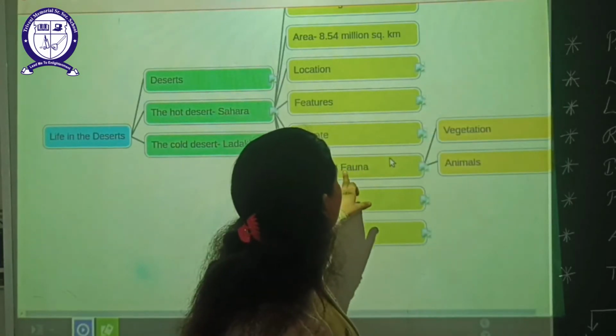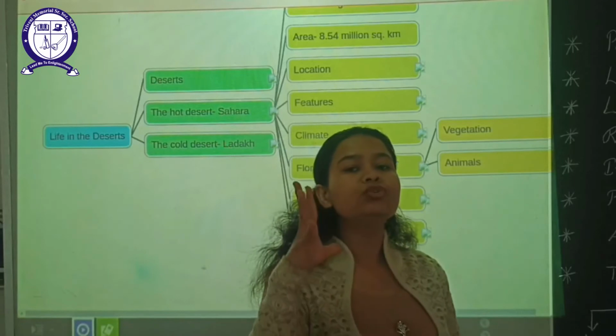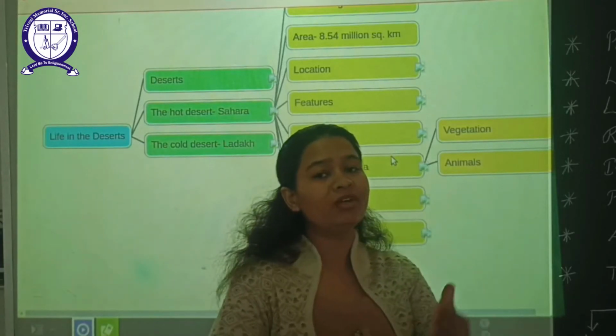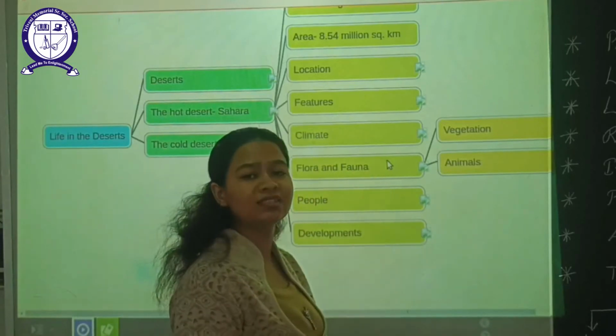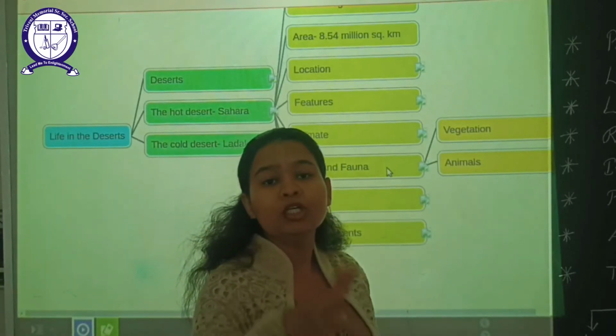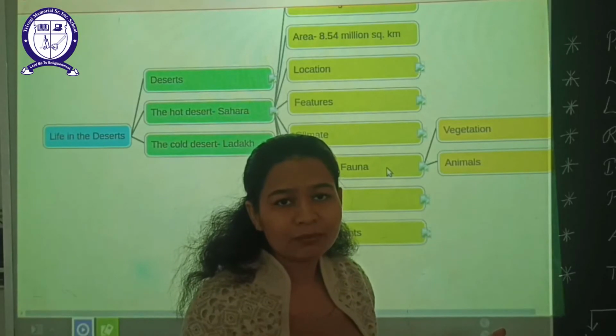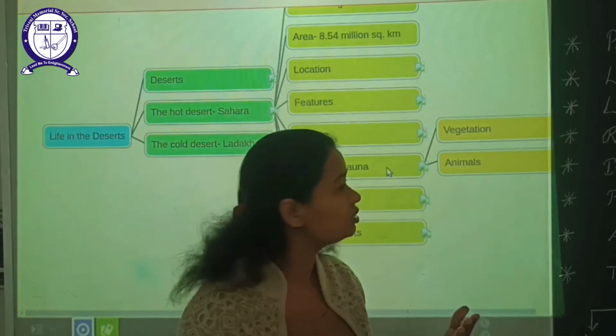Now let's talk about the flora and fauna. Students, you know this very well. Whenever we talk about life, flora and fauna are what life exists in. So definitely you need an appropriate temperature or surrounding to survive.